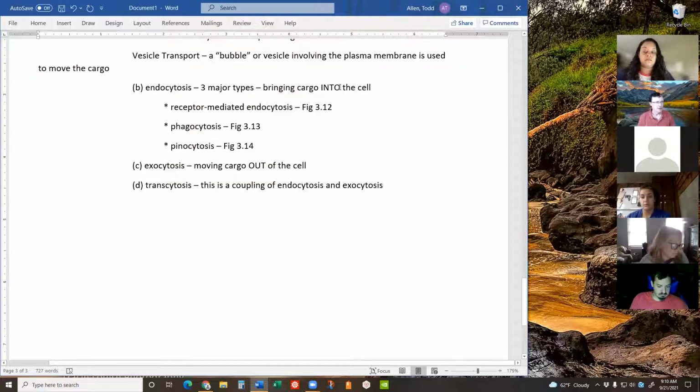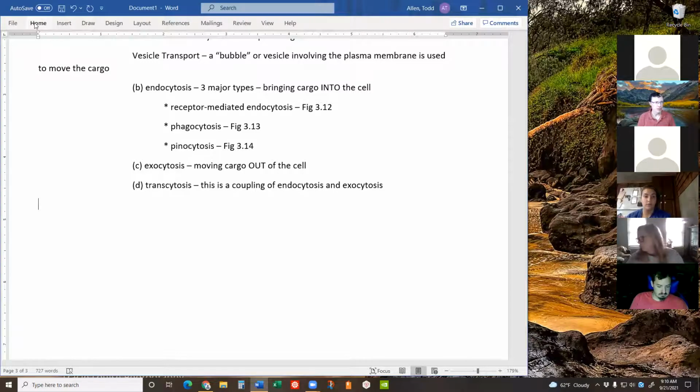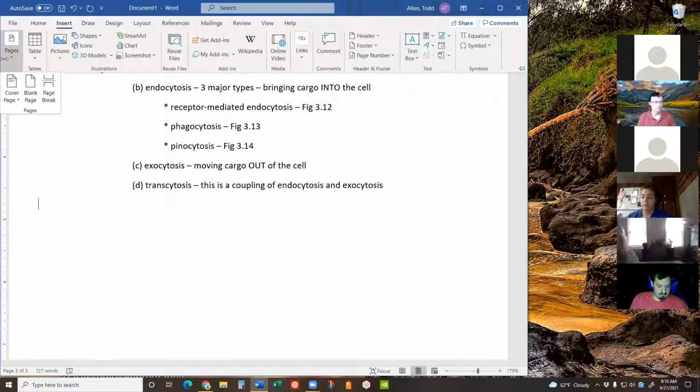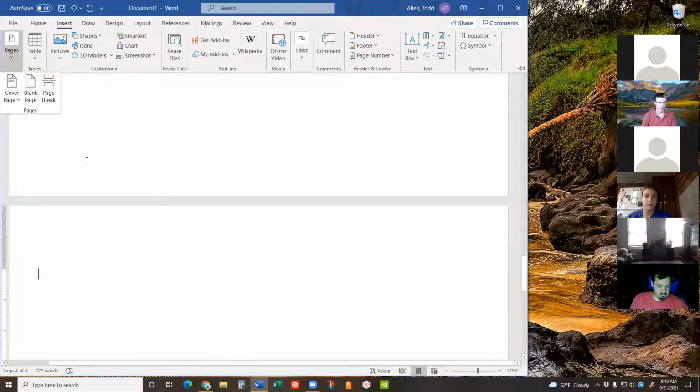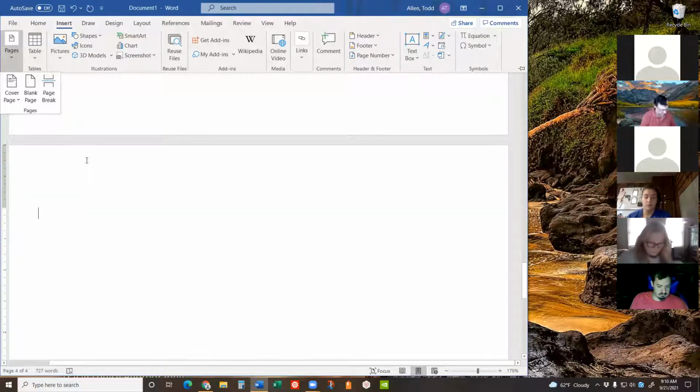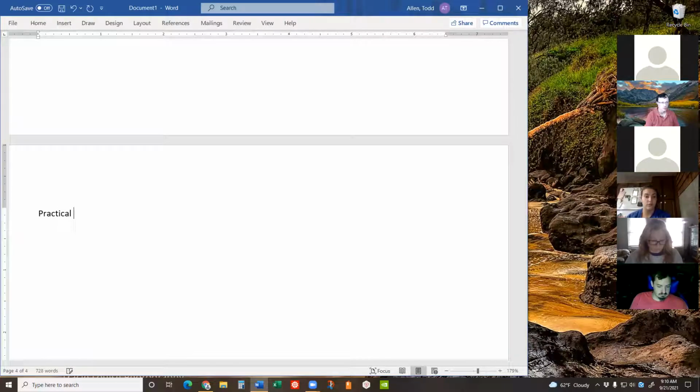If you want to draw along at home, I encourage you to have a nice full sheet of paper. Okay, so let's see if we can make a practical application of cargo transport processes and our understanding of them.